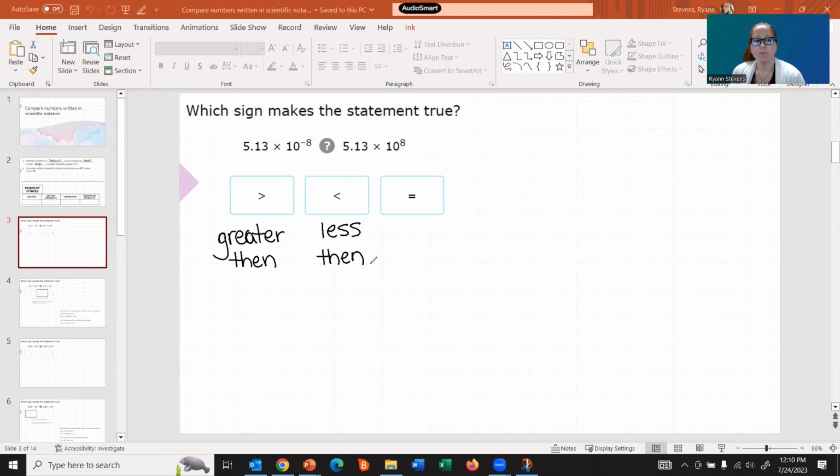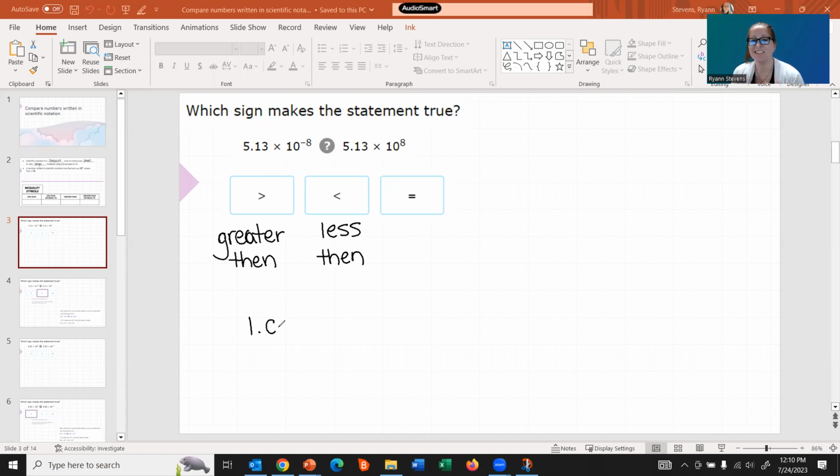When you're comparing numbers that are written in scientific notation, there's two steps that we need to complete first by observing the question, by just looking at the question. So the first one is we want to compare the powers of 10, especially if they're written in the same form.